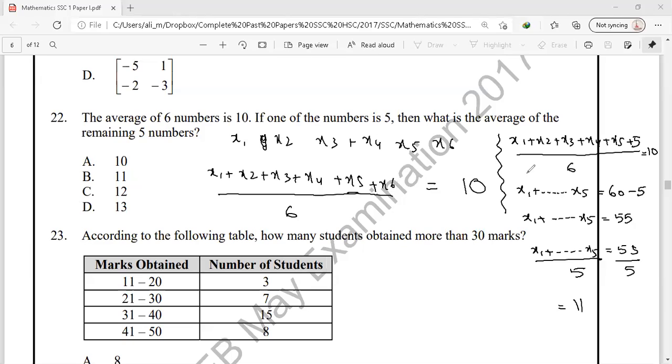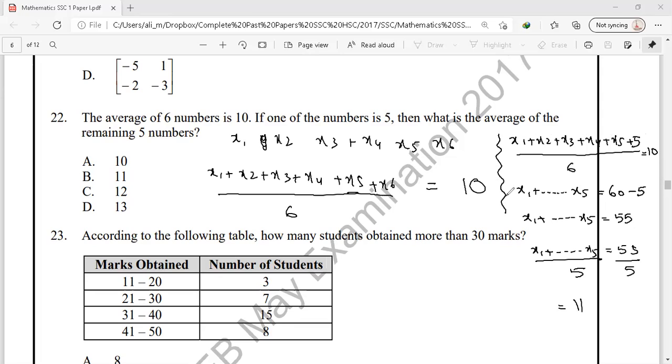So here we have the solution for this question. These were the numbers x1 till x6, and the average of these six numbers is 10. So we add up all these six numbers and divide by 6, that is equal to 10. Question says that among these six numbers, one number is 5. So we have replaced one of these numbers with 5.